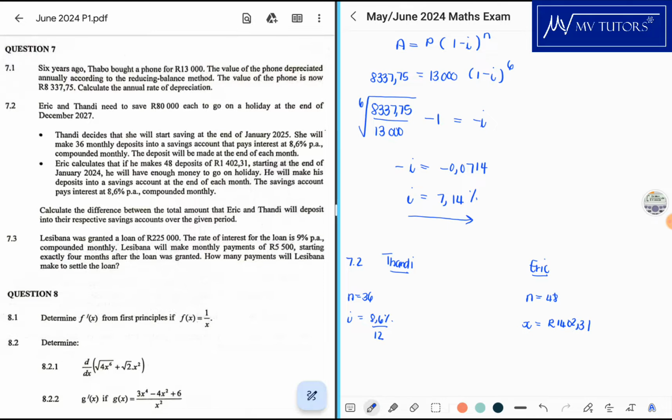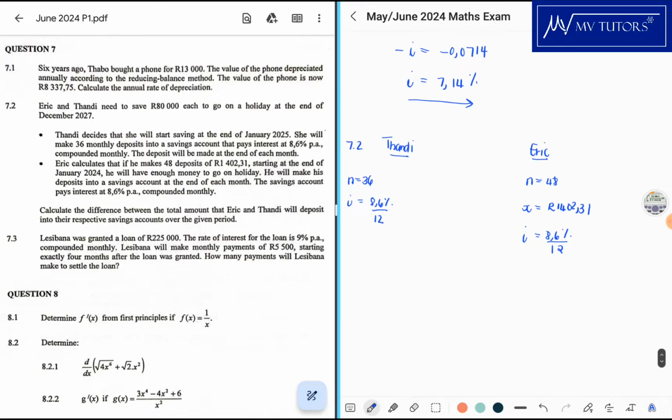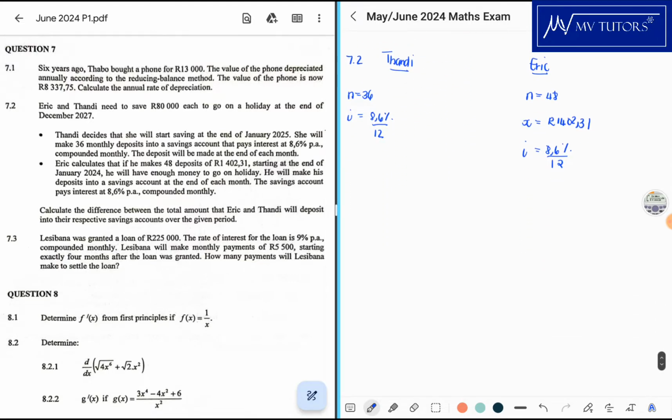He will make his deposits into a savings account at the end of each month. The savings account pays interest also at 8.6% per annum compounded monthly. All right. Now calculate the difference between the total amount that Eric and Thandi will deposit into their respective savings accounts over the given period.